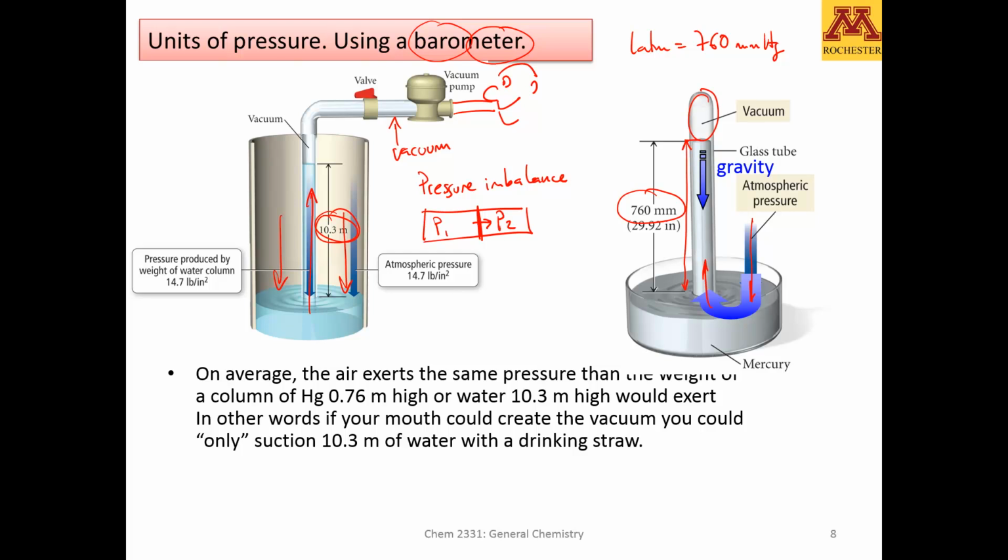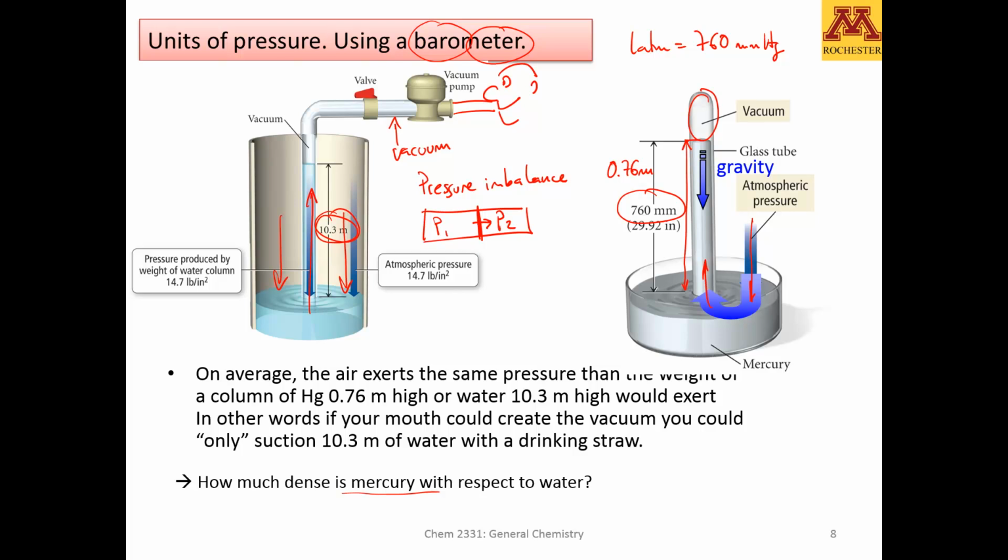Of course, 760 millimeters is 0.76 meters, while water, which is less dense, lighter, can go all the way up to 10.3 meters. So a vacuum pump cannot pump mercury higher than 0.76 meters. This difference will tell you the difference in density. So how much denser is mercury with respect to water?